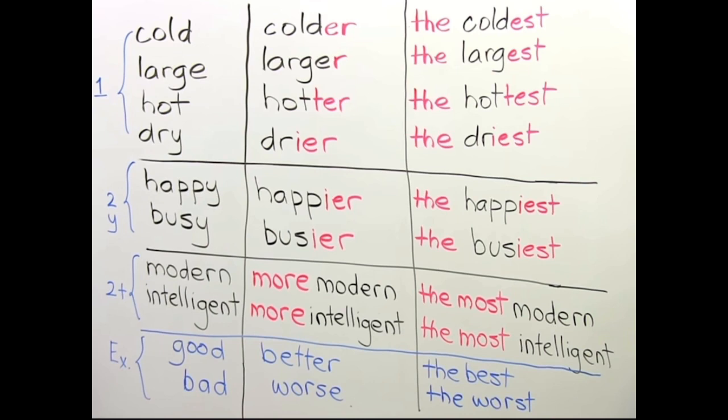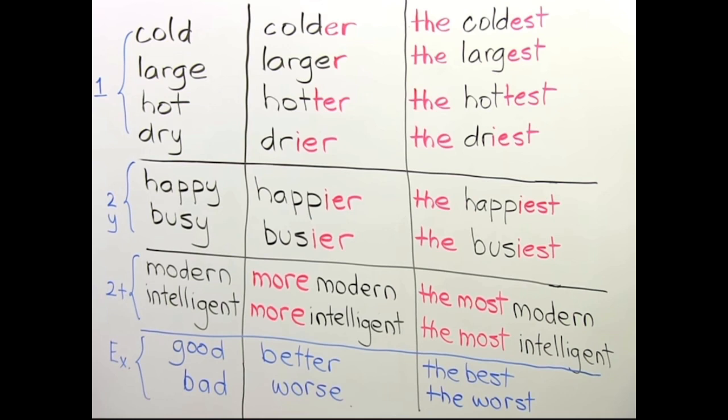Hot, hotter, the hottest. Dry, drier, the driest. Okay? Yes, there are spelling changes, but again, refer to the reference sheet for that. Right now, just try to get the rhythm of it. Okay? Say it out loud with me.